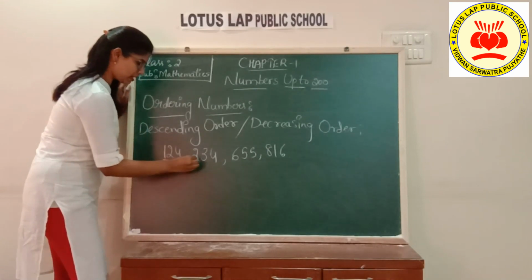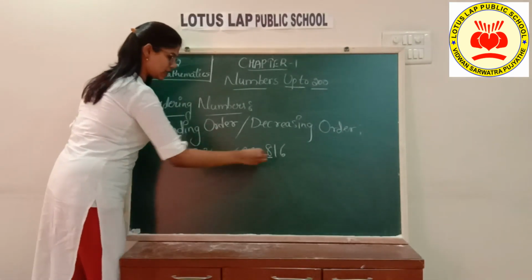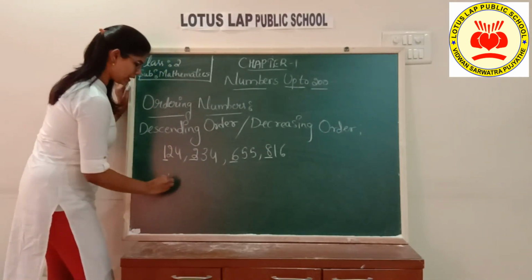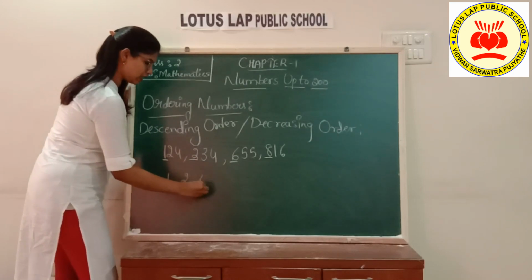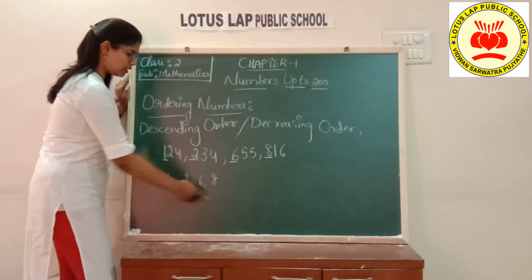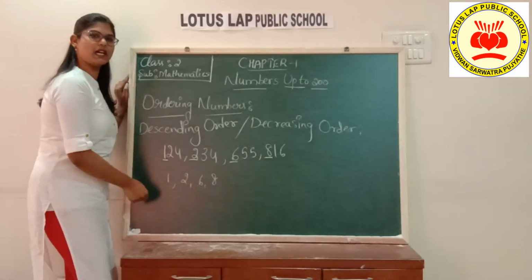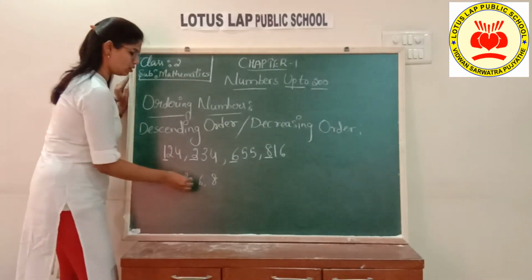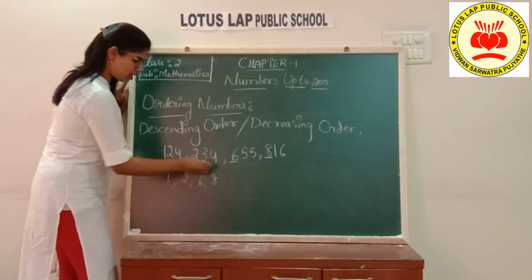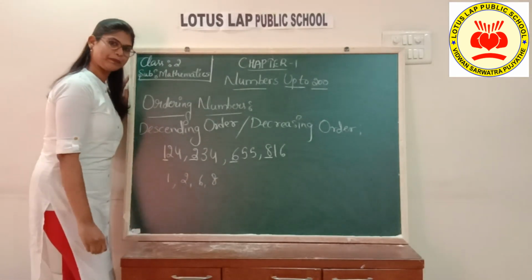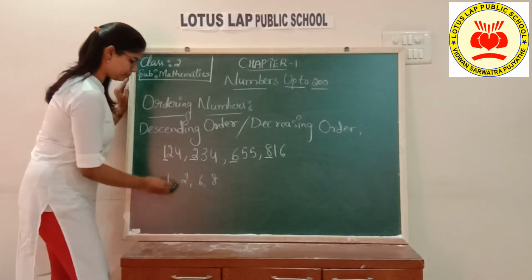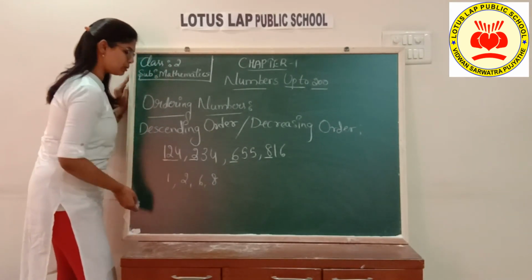Just see hundreds. Compare all the hundreds now here, which is 1, 2, 6, 8. These are the digits we have in the highest place value. 1, 2, 6, 8. Which is the smallest among these four? Yes, it is 1. 1 is the smallest one.